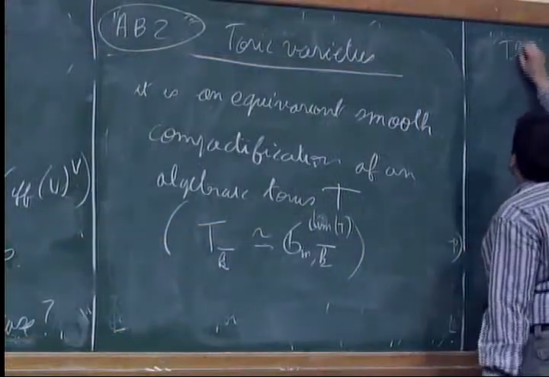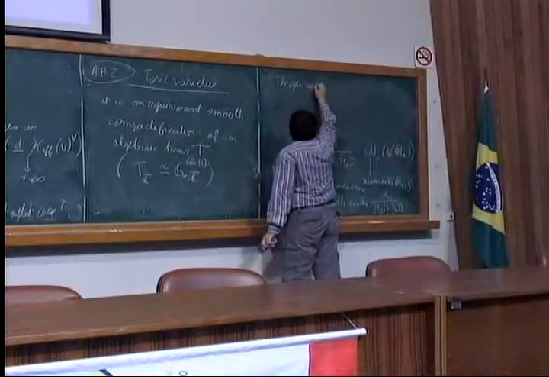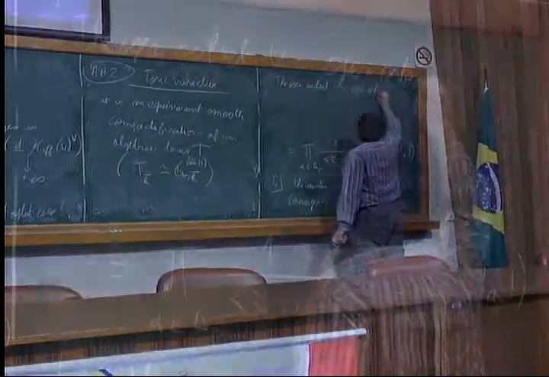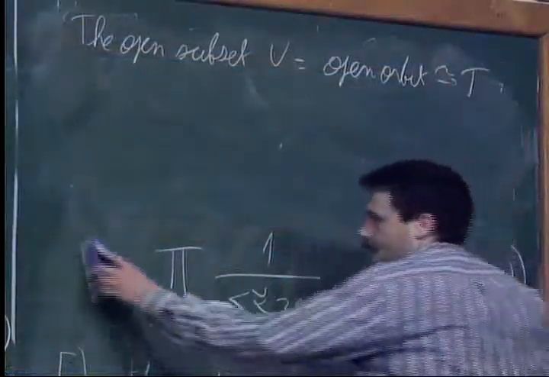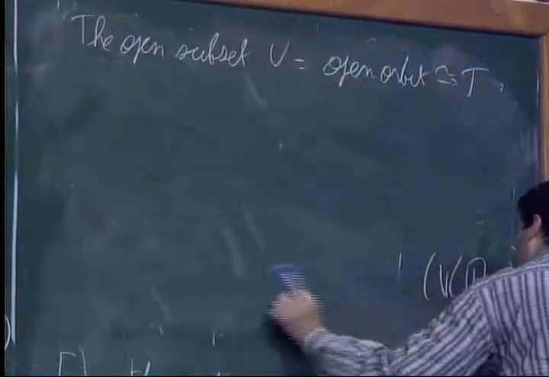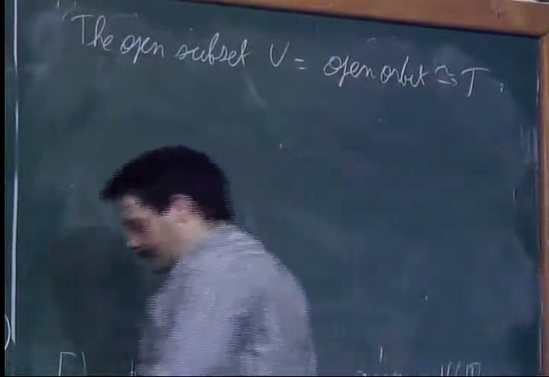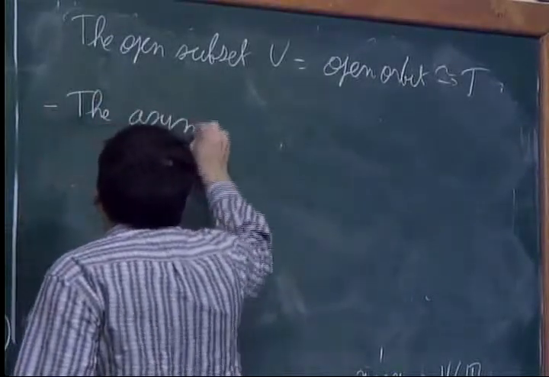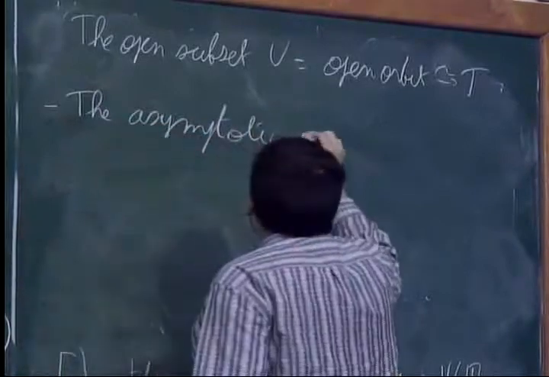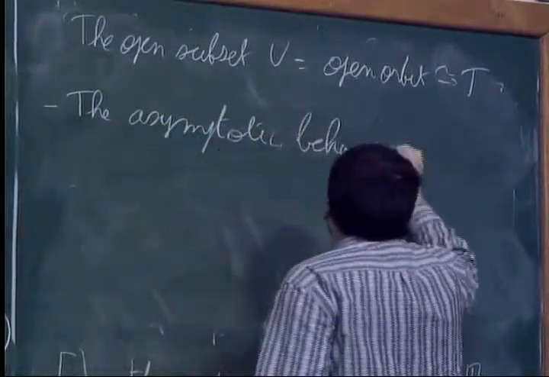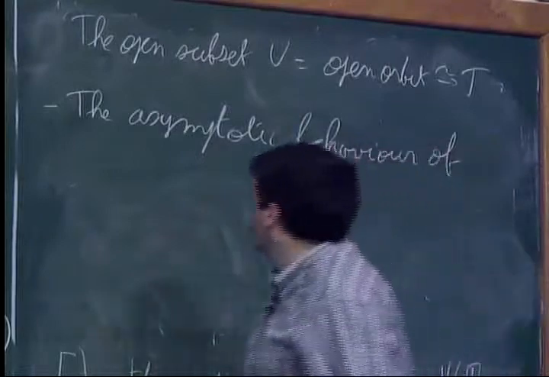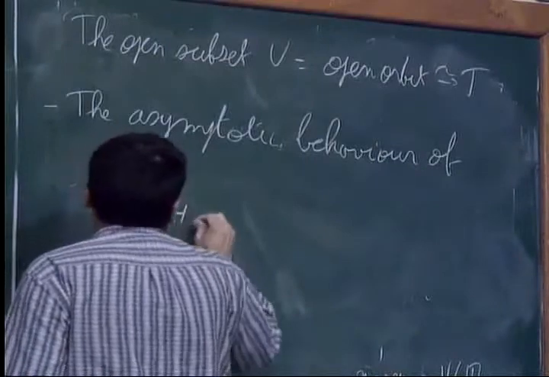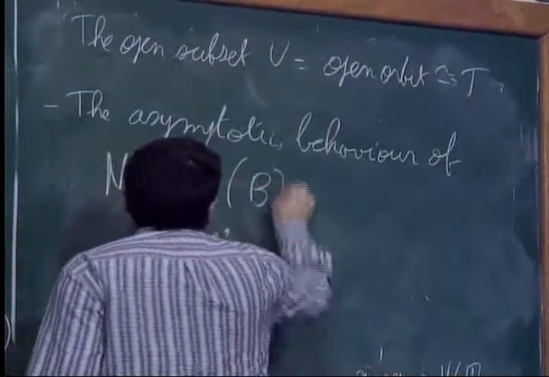So the good open subset U is the open orbit, which should be isomorphic to T. Okay, so in that case, the asymptotic behavior of the number of points of bounded height, for omega v minus 1, for B is the right one.